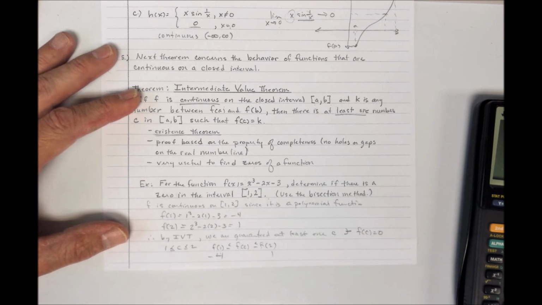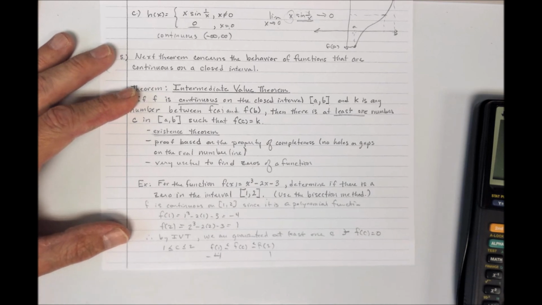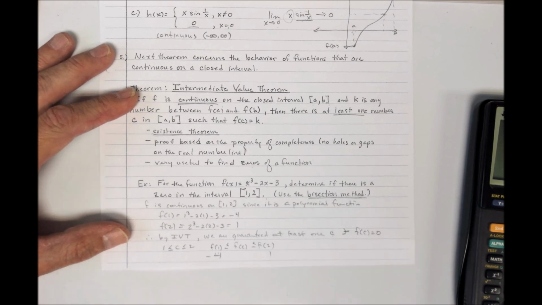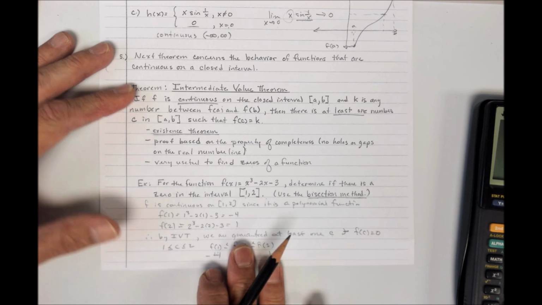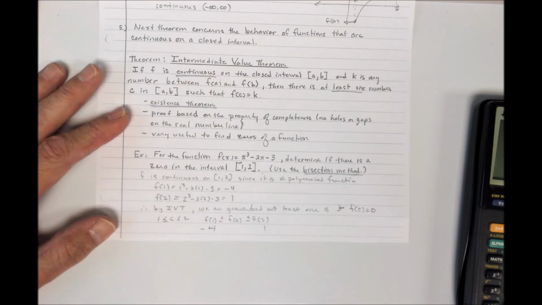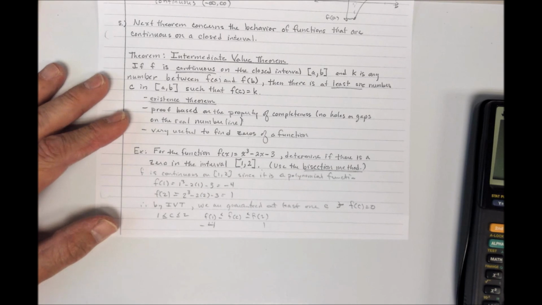Well, the actual 0 is a little tougher to figure out, but we could use what we call the bisection method. Now, I don't know if you guys have ever watched The Price is Right, but there are occasions where they play a game where they have to guess the prize, and the host, whether it's Drew Carey or Bob Barker in the old days, used to say higher or lower based on their guess.